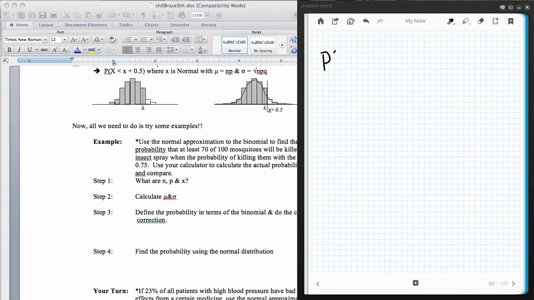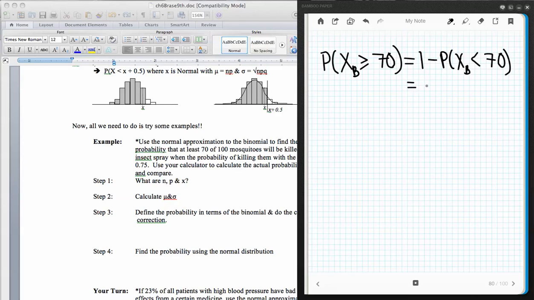Now, the other thing that I asked us to do here was to actually find the binomial probability, the probability that x is greater than or equal to 70 for a binomially distributed random variable. Well, the first thing that I have to do is get what I can use in my calculator, which is for the CDF. So I have to have 1 minus the binomial probability of being less than 70.